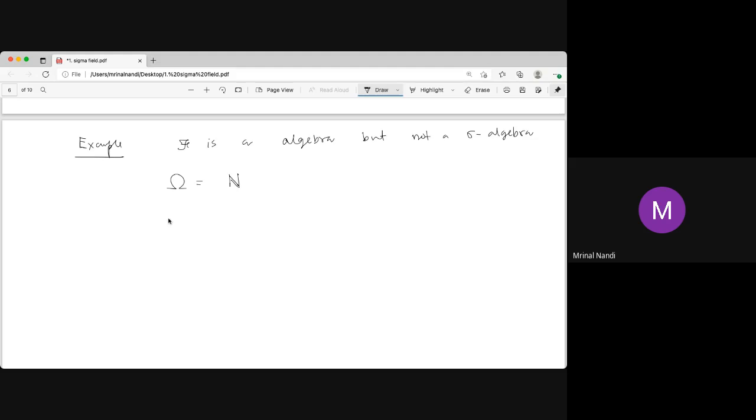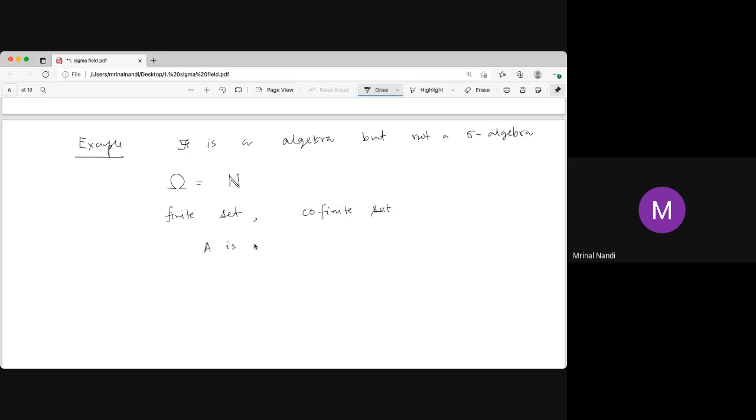Now for this, we know what a finite set is. We know the definition of a finite set. The related term is called cofinite. That is a different term. It is not the same as infinite. It's called a cofinite set. Cofinite may not be infinite. Cofinite may be finite. So what is a cofinite set?